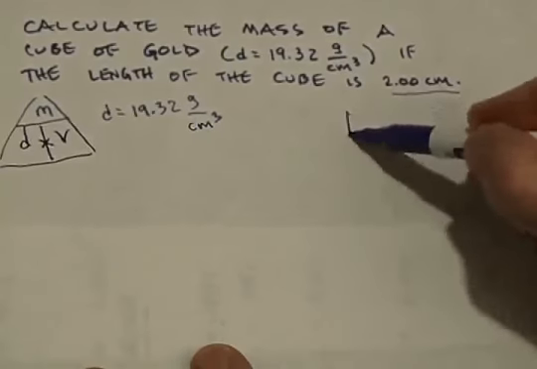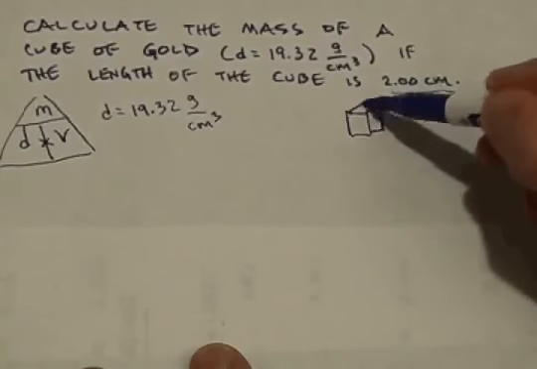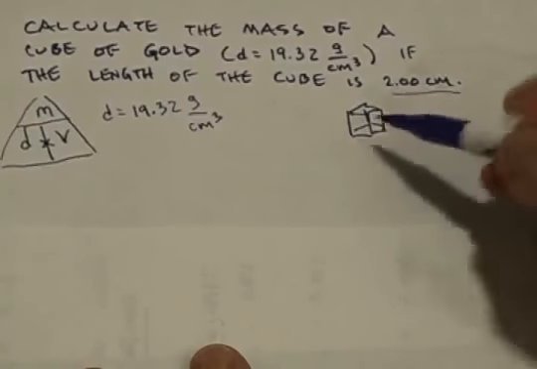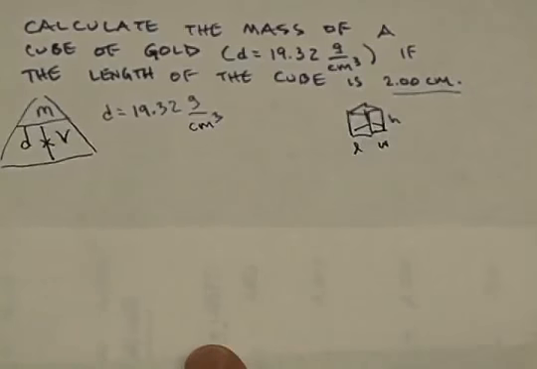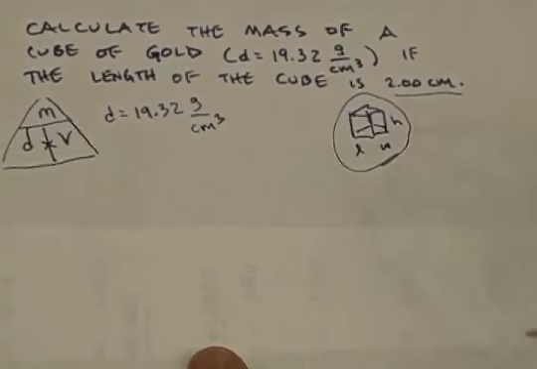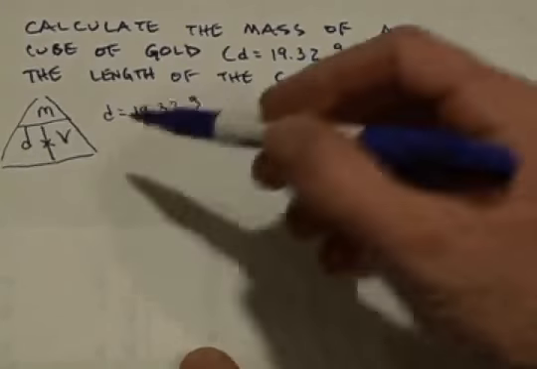Now, you guys, if you've had geometry before, know that a cube is shaped something like this. And if you remember the definition of a cube, the length, the width, and the height of a cube are all the same as each other. So if I wanted to find the volume of this critter, I'd have to take the length times the width times the height.